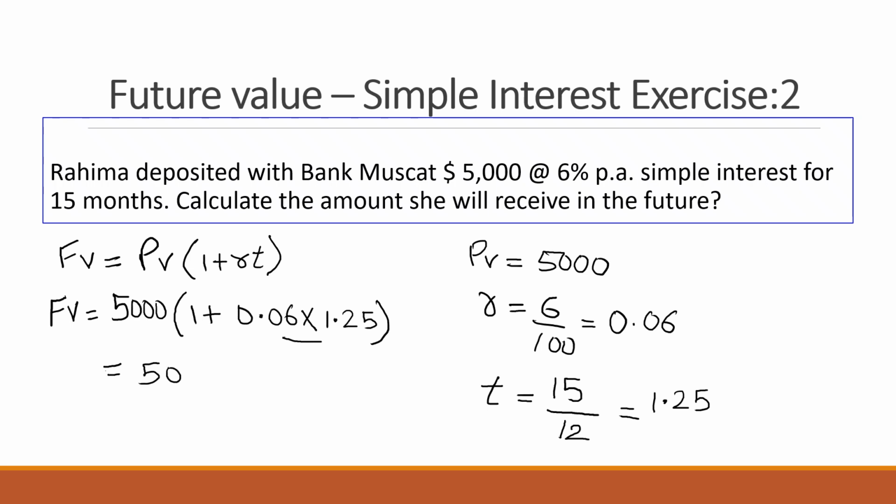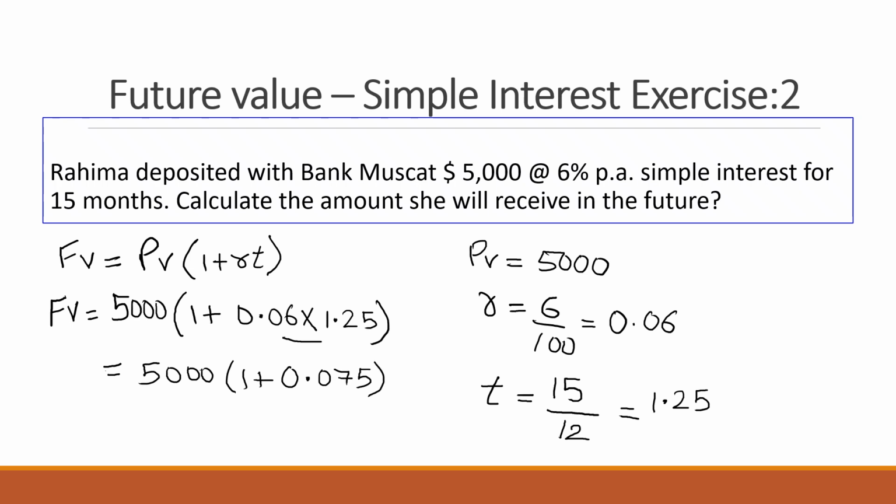So 5,000 into bracket 1 plus 0.06 multiplied by 1.25, we will get 0.075.